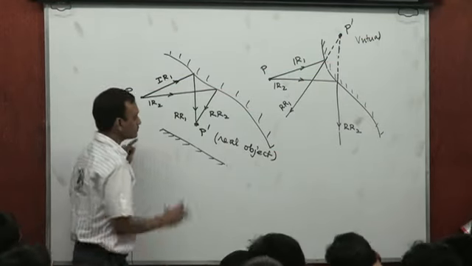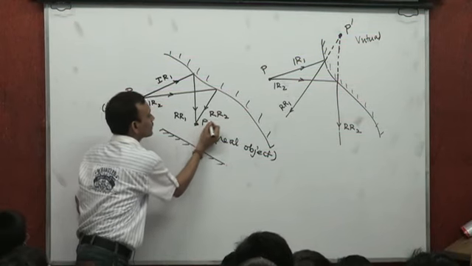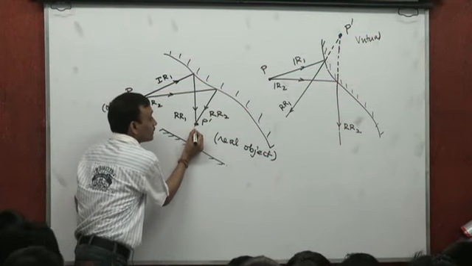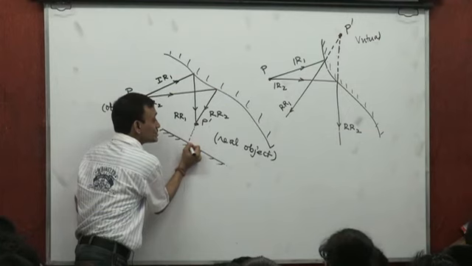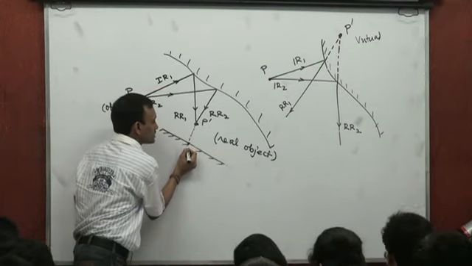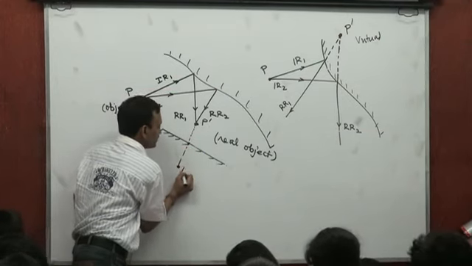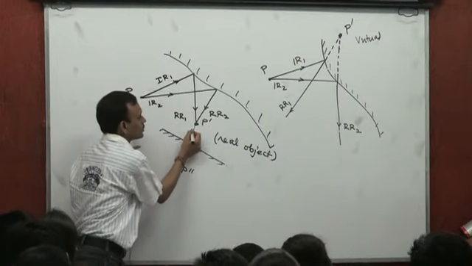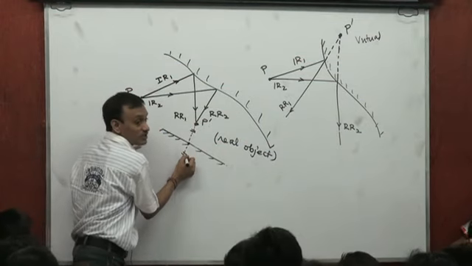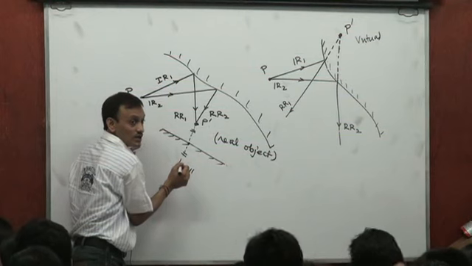Then the mirror forms an image of P prime, and you know object distance equals image distance. The image is formed at P double prime such that object distance is equal to the image distance.